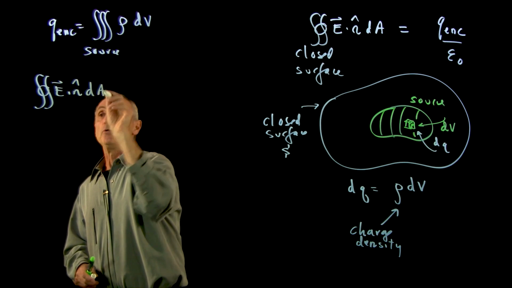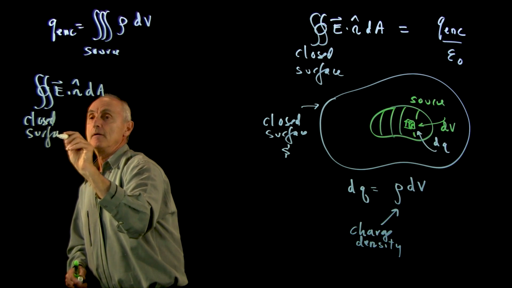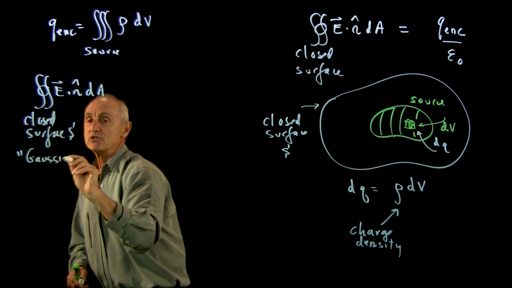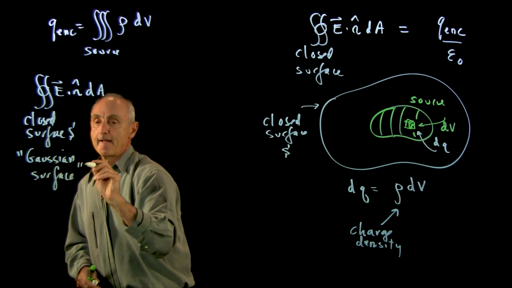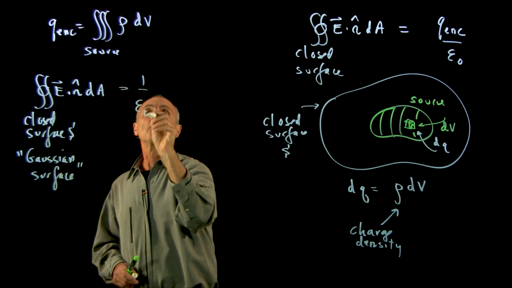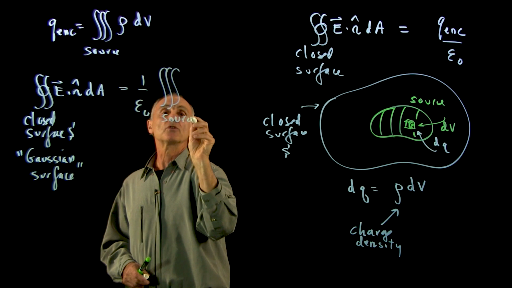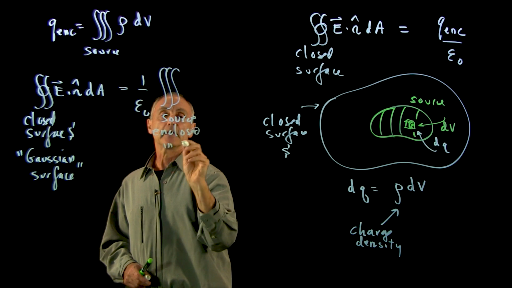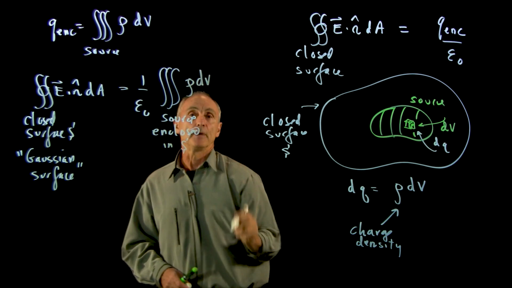It's a surface integral over a closed surface S. By the way, this closed surface we call the Gaussian surface. And that's equal to 1 over epsilon naught times another volume integral over the source that's enclosed in the Gaussian surface, and that's rho dV.